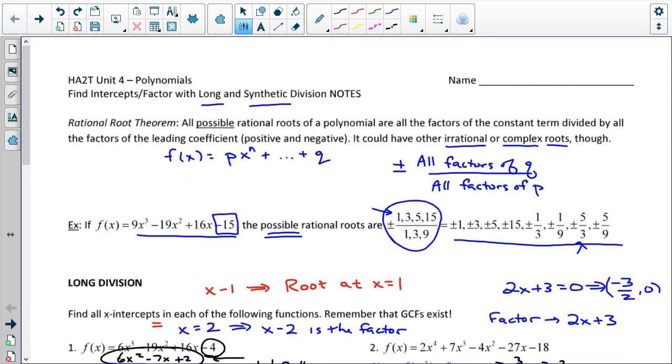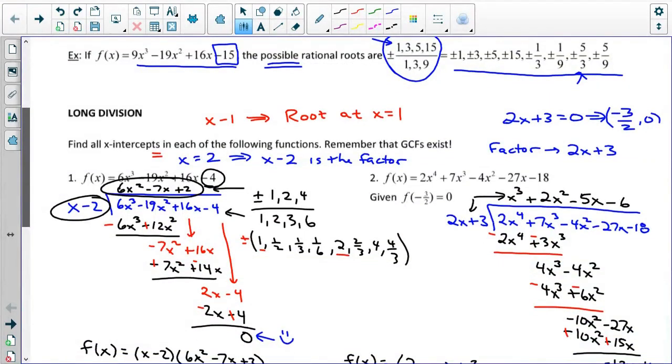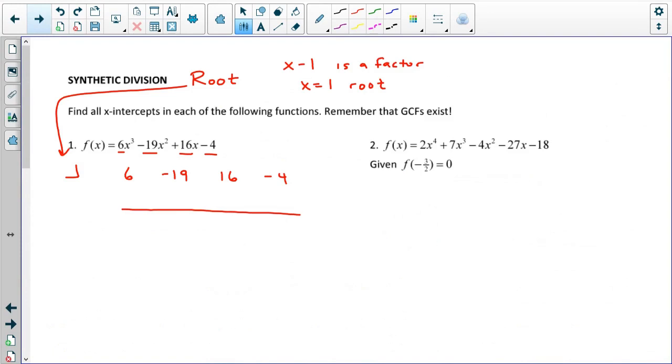And so what I'm basically going to do is take whatever the roots are and substitute them in. Now I know from the other side of this worksheet that x equals 2 is a root that works, but I'm going to try one that doesn't work first, just to make sure that we know what it looks like when it doesn't work.